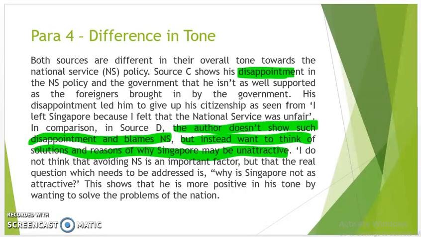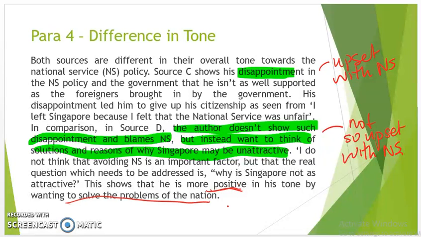So one has disappointment or is upset with NS, while this one is not so upset with NS. This person is more positive, wanting to solve the problems of the nation. He wants to make the nation a better place. So that is the tone. In this case, you can see a very different tone. That is how you get another higher level answer.